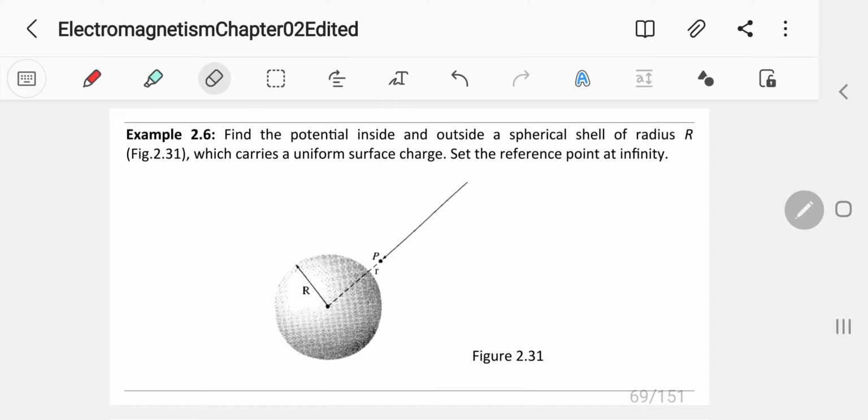In this case, this is a charge distribution only at a certain region, so we can set our reference point to be at infinity, and at infinity the potential would be 0. So find the potential inside and outside the spherical shell of radius r in this figure here.